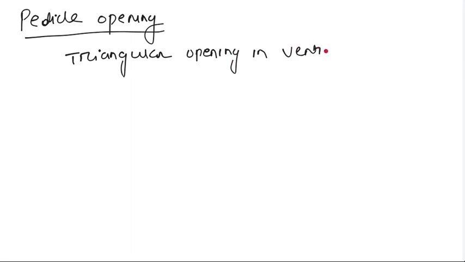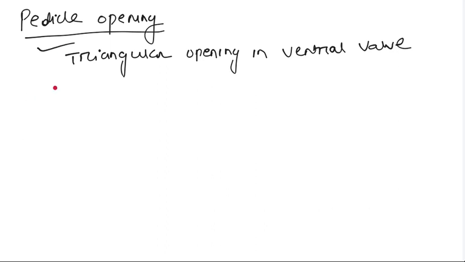Pedicle opening. The pedicle opening is a triangular opening in the ventral valve, or pedicle valve. But is the pedicle opening restricted to only the ventral valve, or can it be shared by both valves?